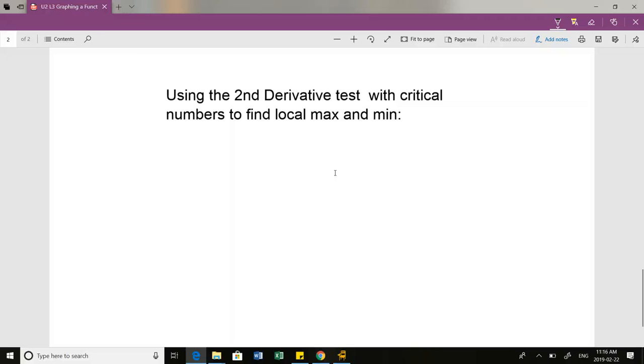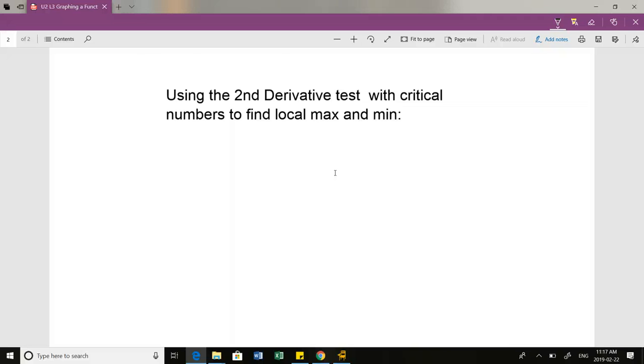Okay, so second derivative test with critical numbers. This is what we were talking about yesterday. This is one of the ways that we can use the second derivative. The first way that we've used the second derivative in this example is finding intervals of concavity. But we can also use the second derivative test with our critical numbers, and I showed you a chart of that yesterday. But you can also do a really quick test by subbing into the function.